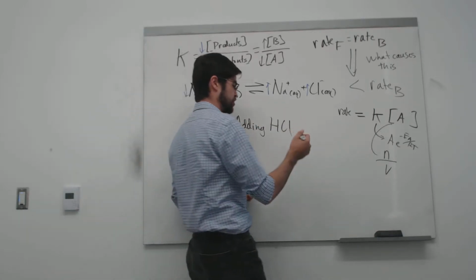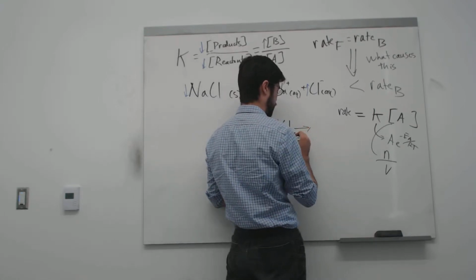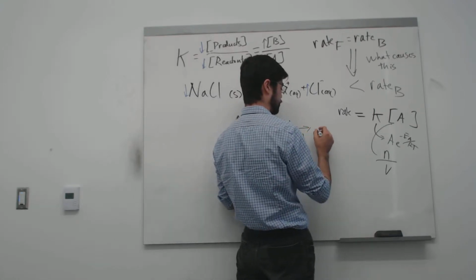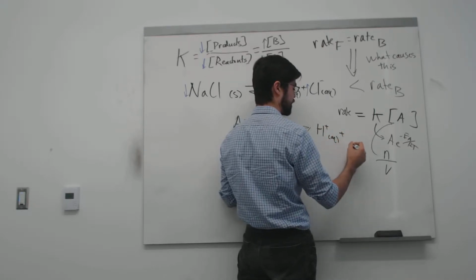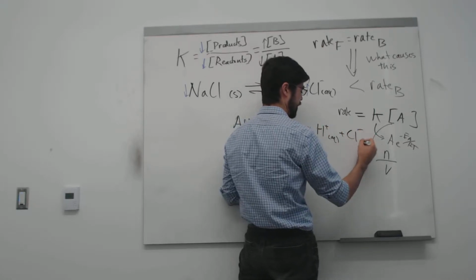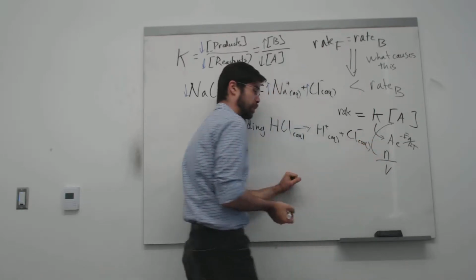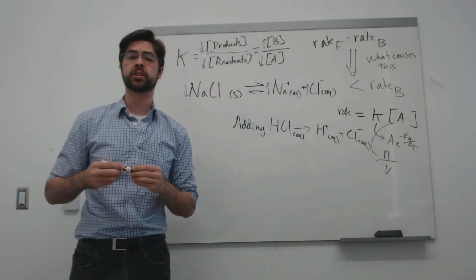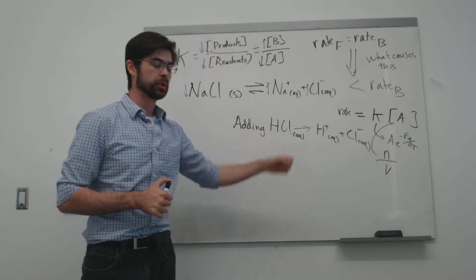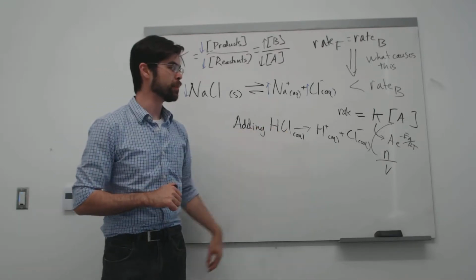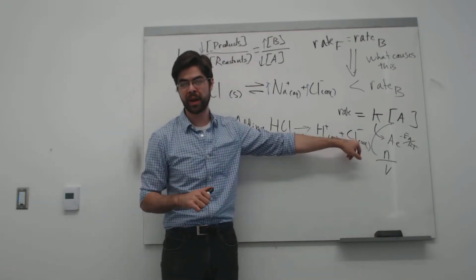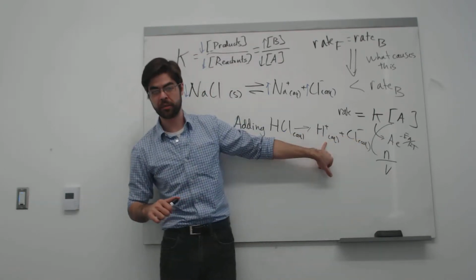Except that we understand HCl is a strong acid, and in solution, HCl splits into hydronium ions and chloride ions. So when you have a solution of hydrochloric acid, it's not actually in the form of HCl. Most of it is chloride ions and hydronium ions.